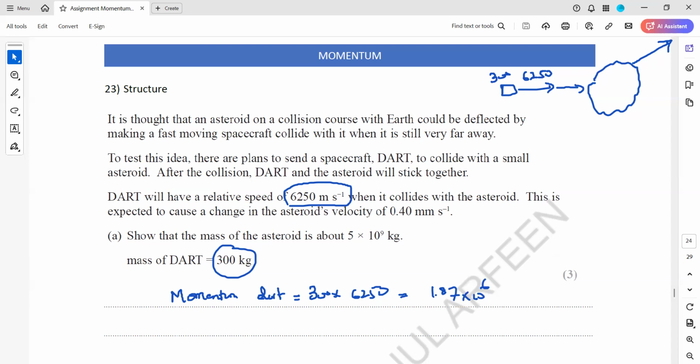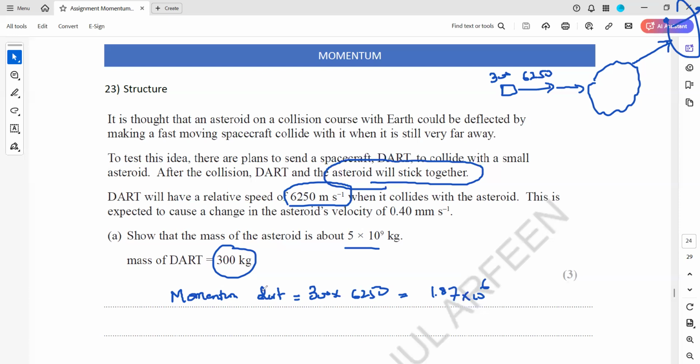As we are using conservation of momentum, the momentum before collision should equal the momentum after collision. And we want to show that the mass of asteroid is about this value. And in the question, they specify the asteroid and DART will stick together, so when they're moving now, they move together.